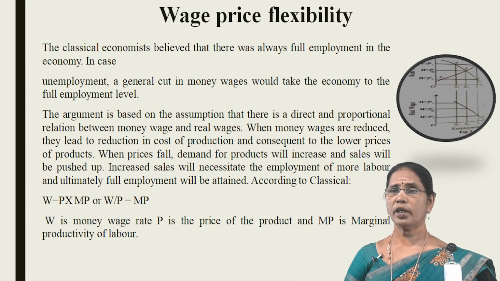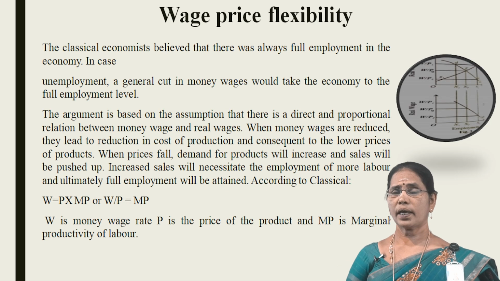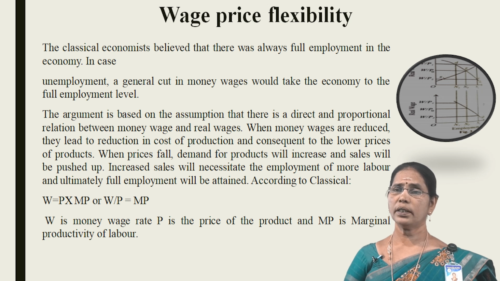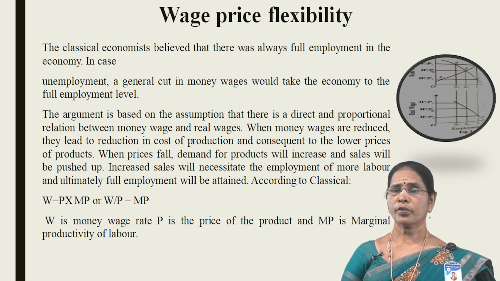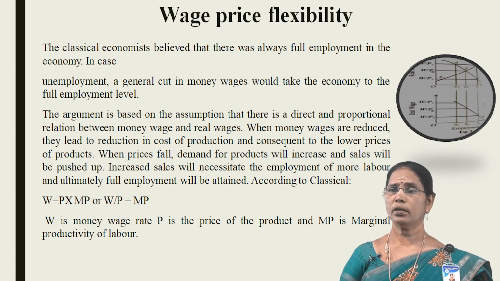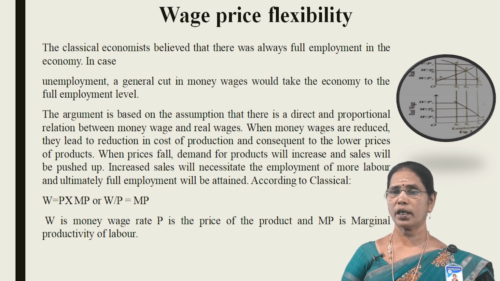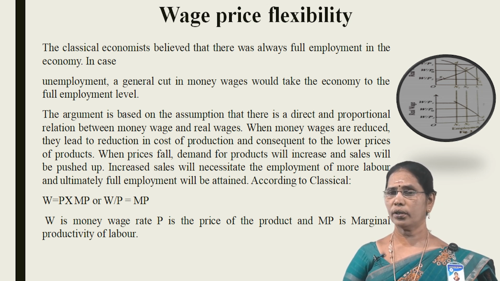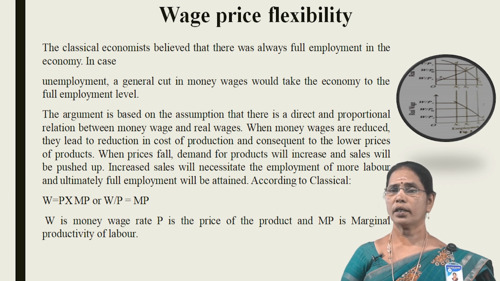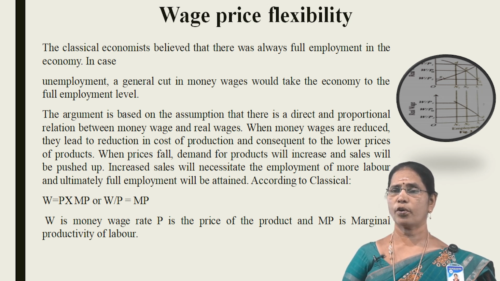Next, we have to see wage price flexibility. The classical economists believed that there was always full employment in the economy. In case of unemployment, a general cut in money wage would take the economy to the full employment level. The argument is based on the assumption that there is a direct and proportional relation between money wage and real wages. When money wages are reduced, they lead to a reduction in cost of production and consequently to lower prices of products.